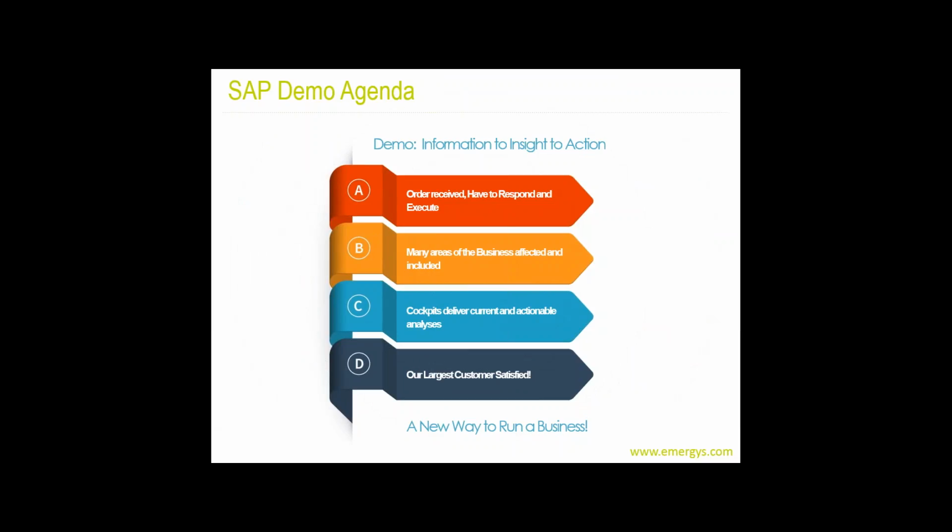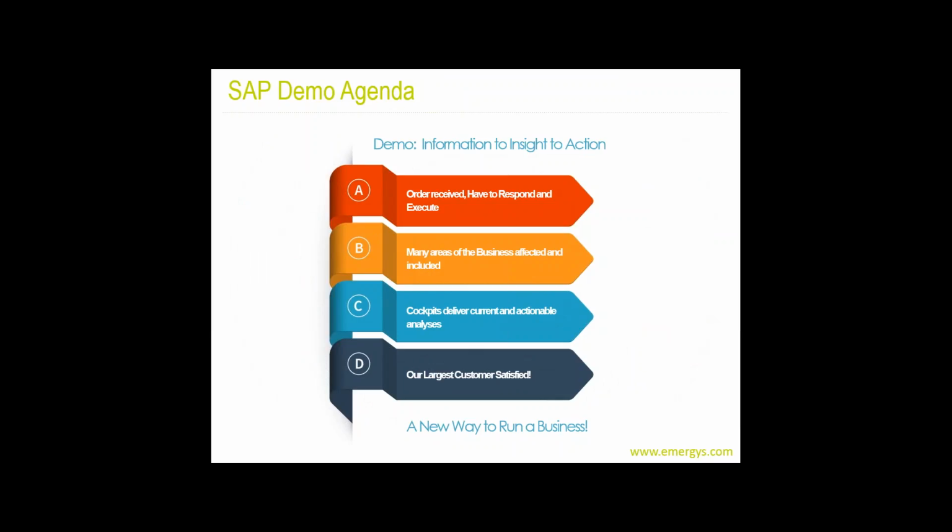So from a demo perspective, SAP is a management tool. Like any ERP system, it should show you where the issues are and let you deal with the issues, not force you to look at everything and go figure it out. So it is a management by exception tool, and what you'll see in the demo is that it's very good at giving insight to the user so they can then take action.